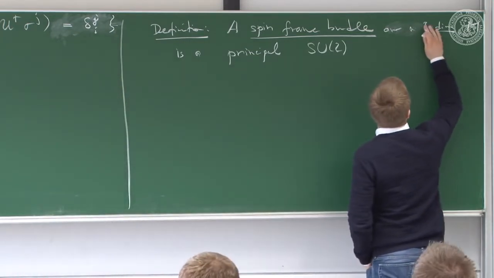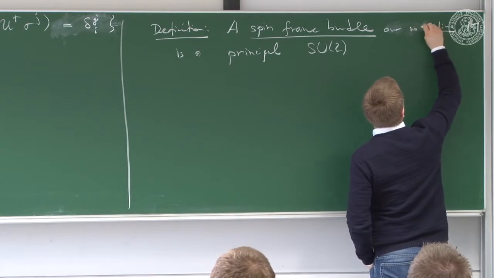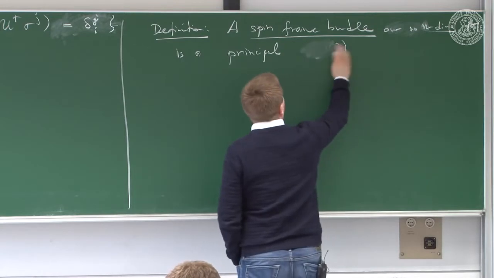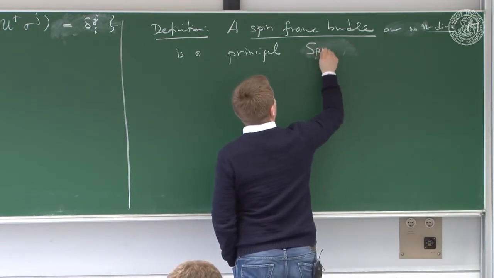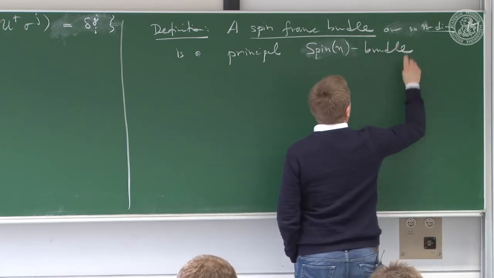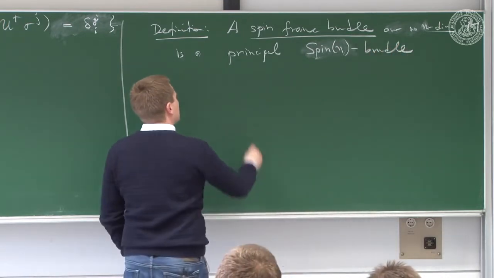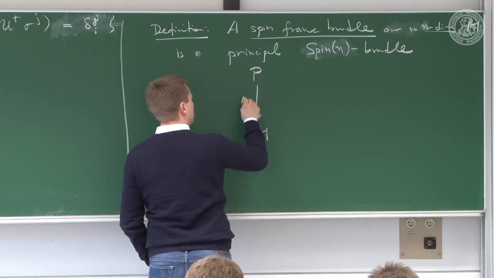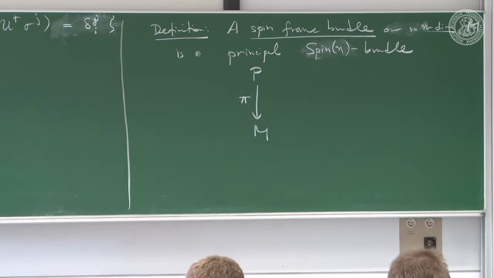A spin frame bundle over an n-dimensional manifold is a principal spin n bundle with the pretty name P, totally new that the principal bundle is called P. And all I do is I take a particular group, namely the spin n group.